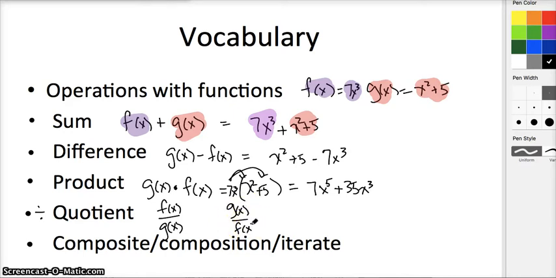Both of these are definitely ways that you will see functions used, and you know what to do. We would simply replace f of x with 7x cubed and replace g of x with x squared plus 5, and vice versa as we're looking at it over here. I know this isn't looking neat, but I'm hoping you guys are getting it. All right, so that's what happens when we're looking for the quotient.